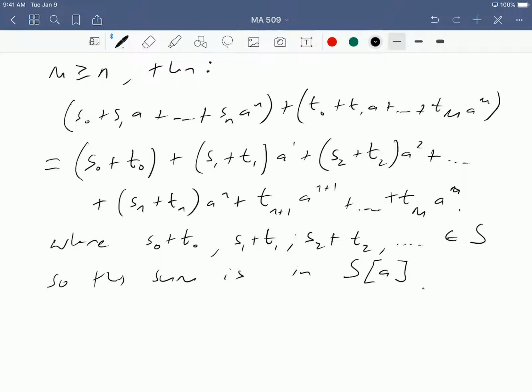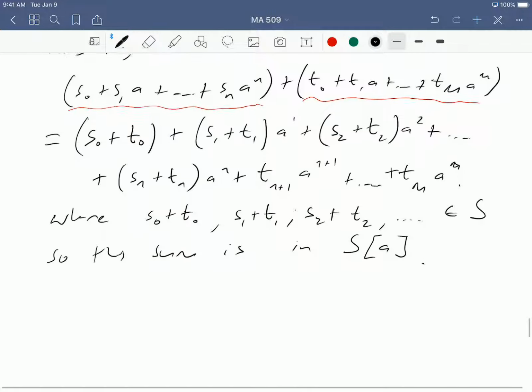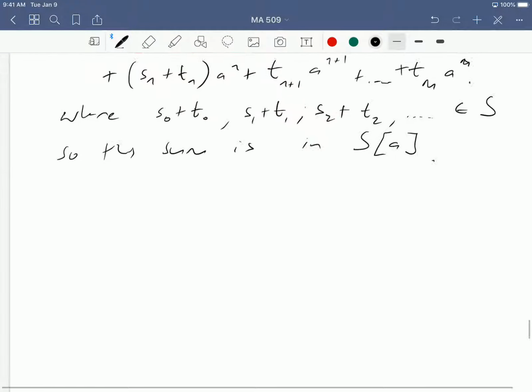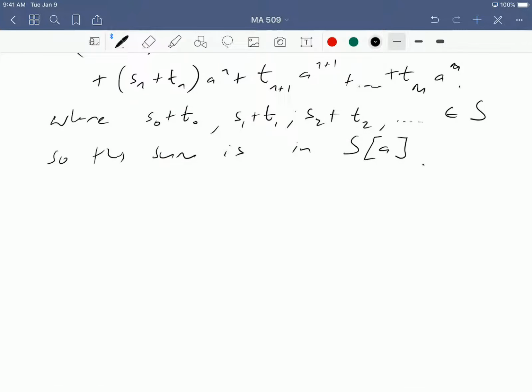Okay, so the idea is we took any two elements of S adjoin A, that was this S0 series and the T0 series like that. We added them together and we saw that the coefficients are still in S, and so our sum is in S adjoin A. And now we want to do the same thing with the product. The product, write it down, gets a little messier, but it's not too bad.